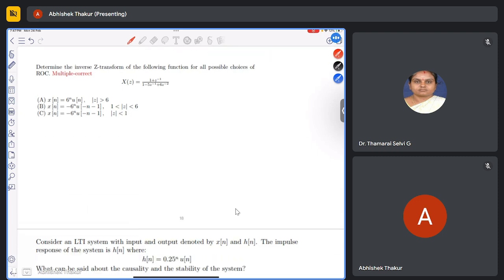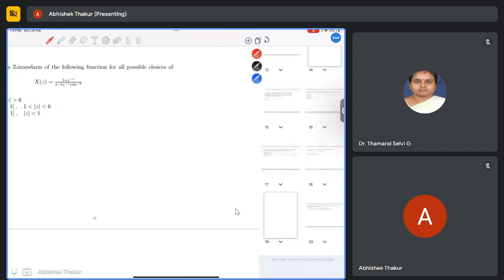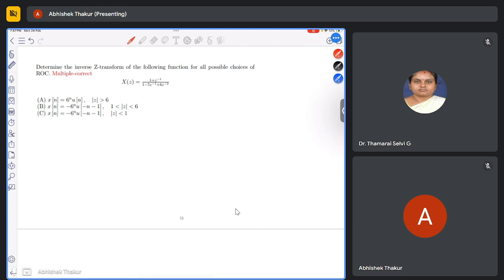Now coming to the next question: determine the inverse Z transform of the following function for all possible choices of ROC. In this question, X of z is given, and this is our X of z.